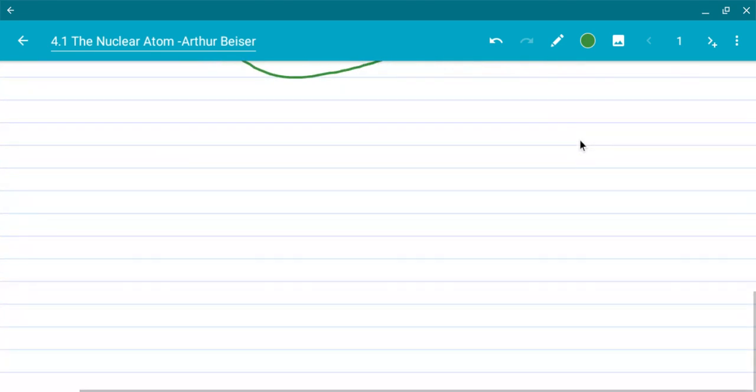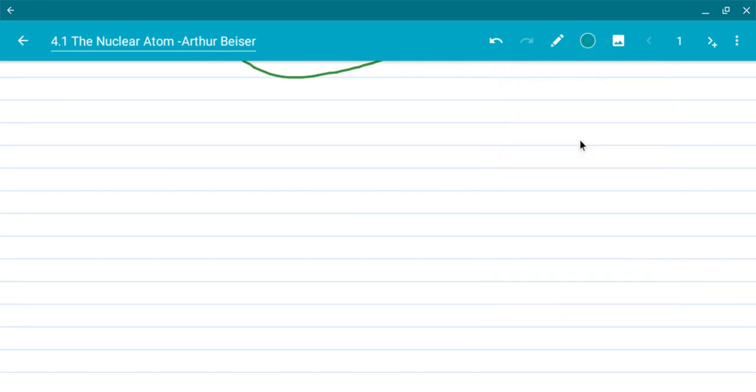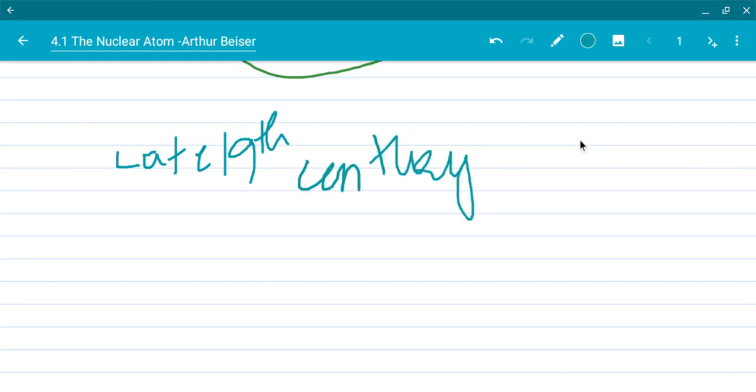Now, before we begin, let's go over a few ideas on the structure of the atom that we have had over the centuries. Obviously, we know the modern day structure. During the late 19th century, we knew that chemical elements consist of atoms with electrons.